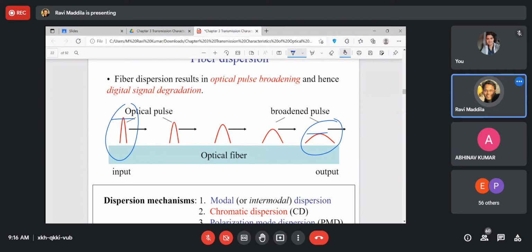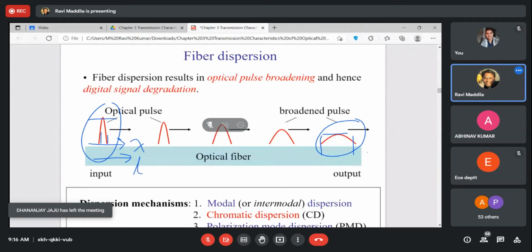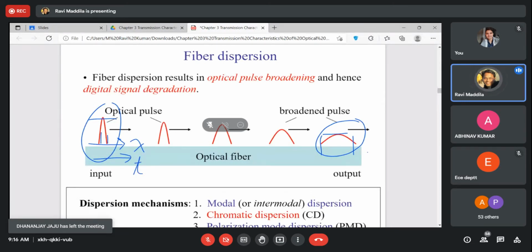What has happened here is the power, the x-axis here is wavelength. Fine. So here the wavelength spread is very narrow, whereas here, okay, it's not just wavelength, it's also time.